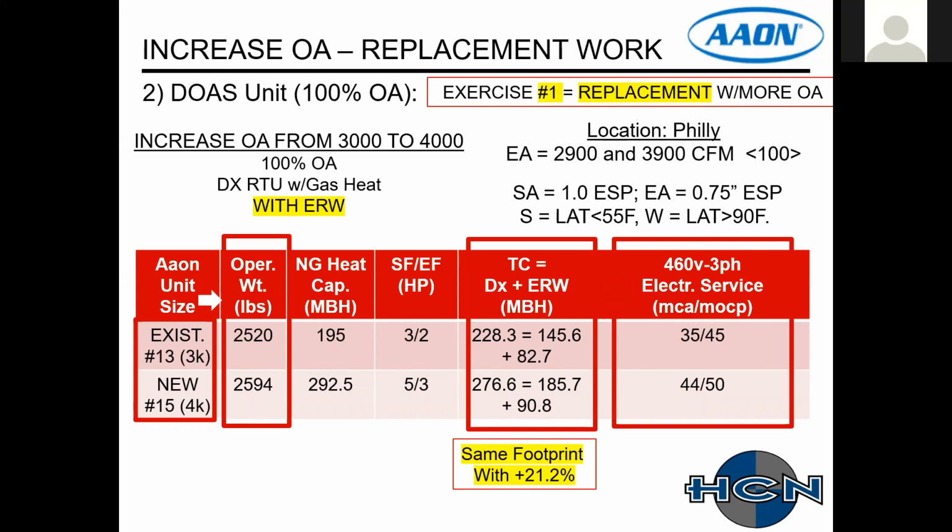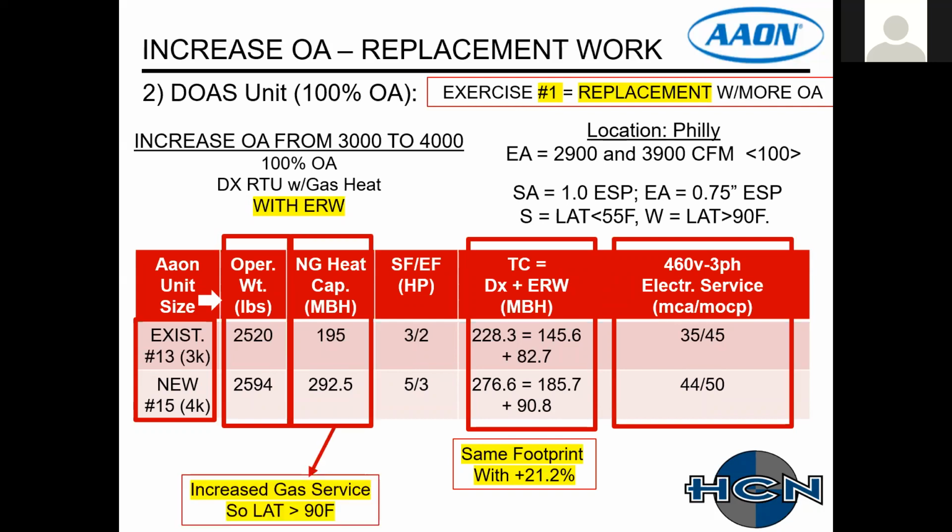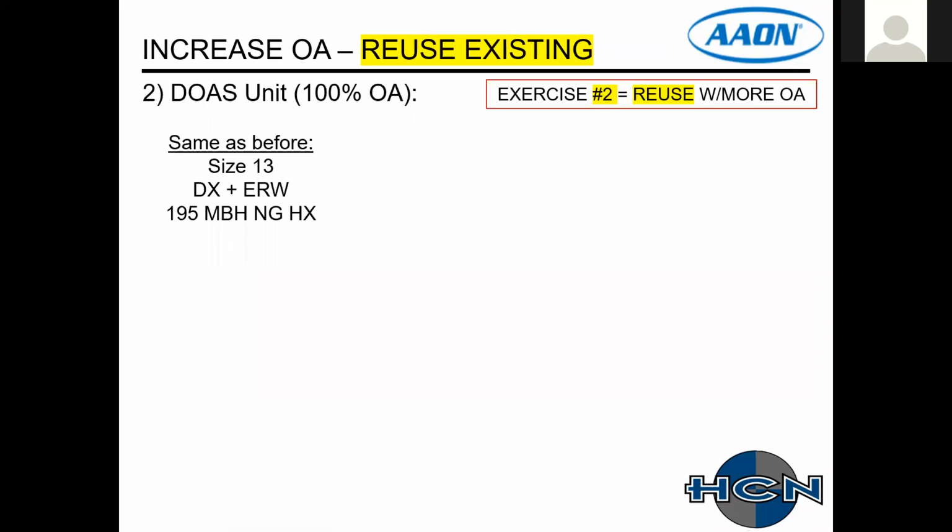My electric is small, but the one thing that I thought was troublesome was that my gas service should probably be increased once again from 195 to 292 MBH. Once again, I felt that should be increased to keep my leaving air temperature above 90. So once again, all these items you would obviously have to evaluate.